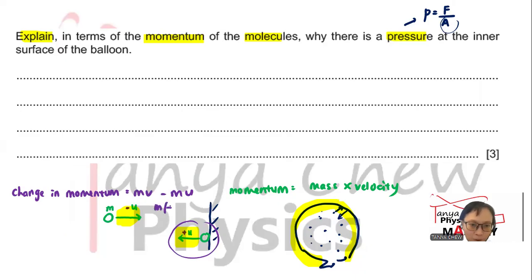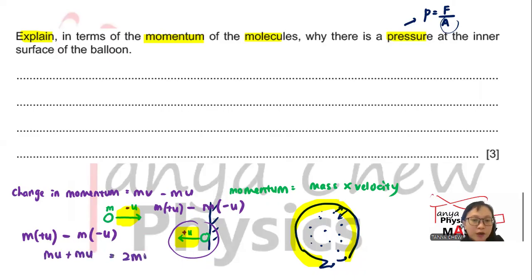So m positive u minus, because change means the difference, m negative u. Negative u here is due to the direction of the initial velocity. So this is mu, negative and negative becomes positive, mu. So the change in momentum is 2mu. Could you see that? There is a change in momentum.